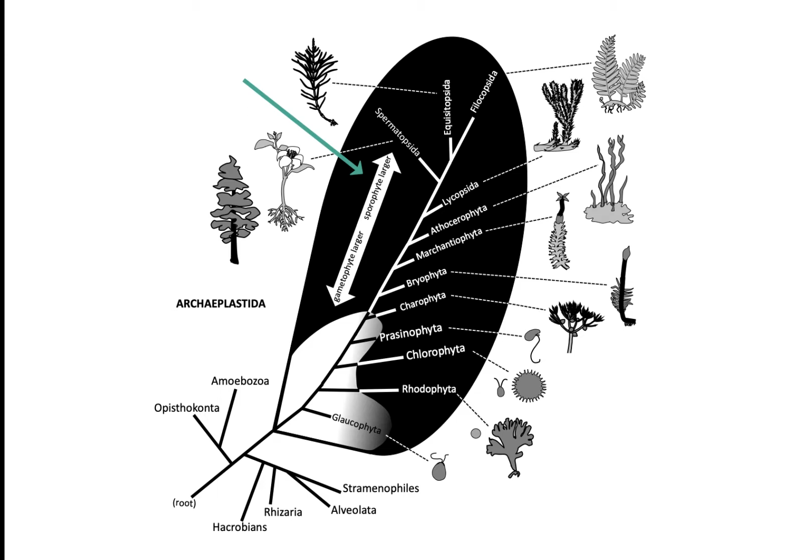So in plants, the trees and the flowers and larger organisms are the sporophytes, which lead to the gametophyte, which is a haploid tissue that leads to formation of gametes, and ultimately you reform the sporophyte after fertilization.